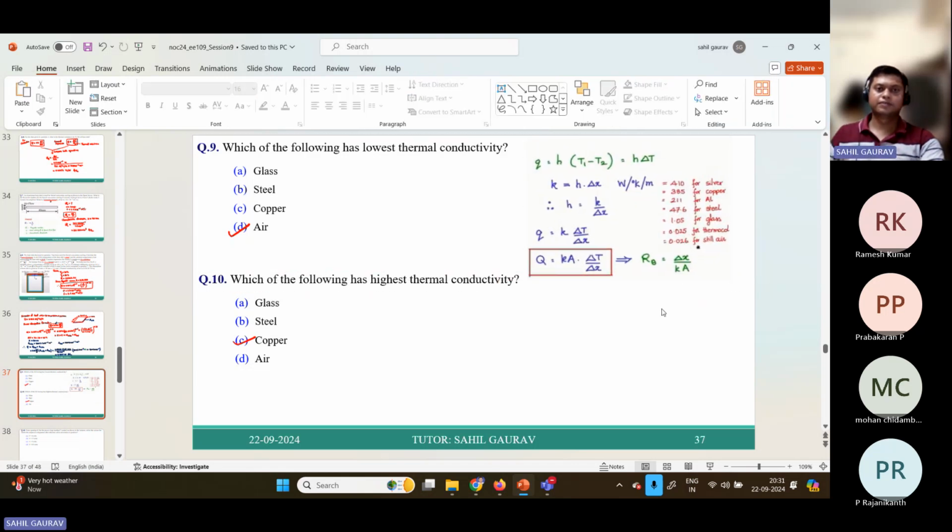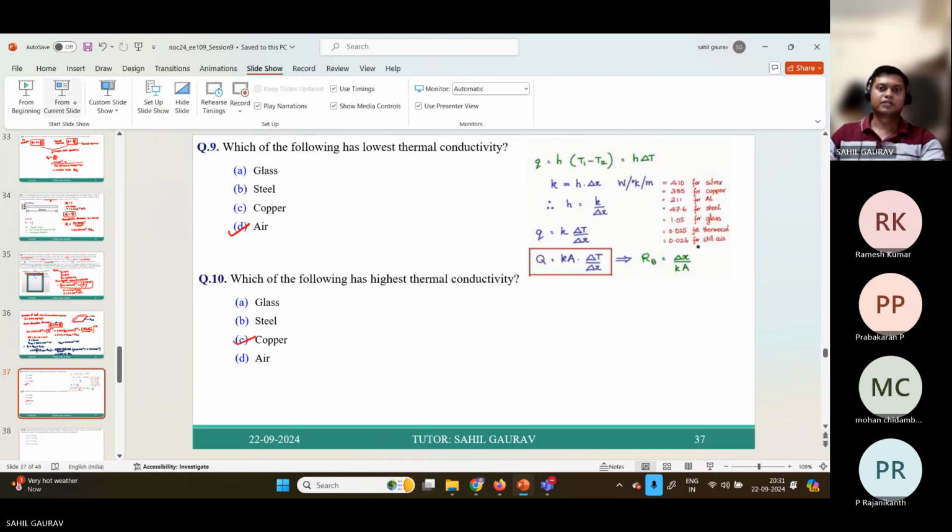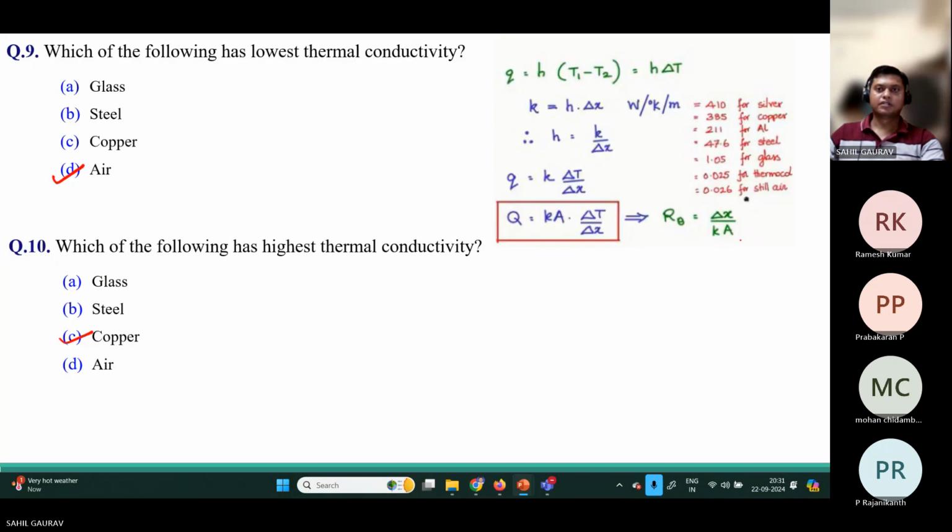We can see from here also which thermal conductivity is higher. Glass has thermal conductivity of 1.05. Steel has thermal conductivity of 47.6.